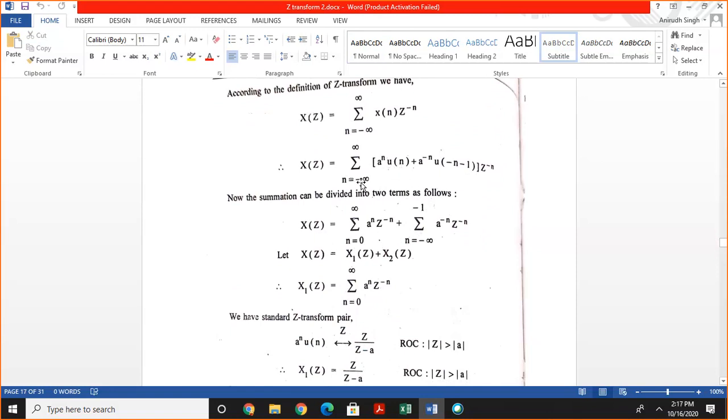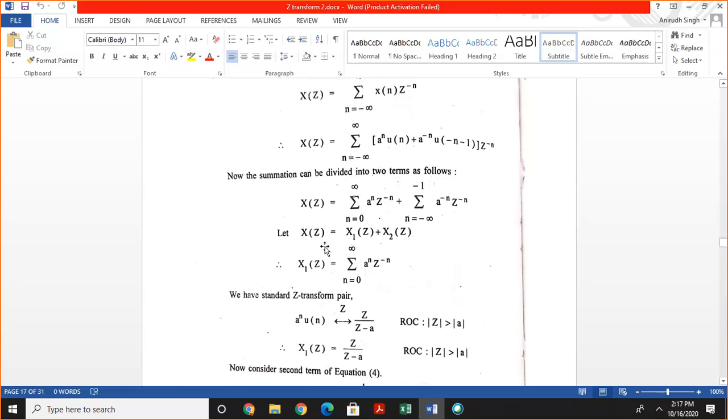The u of n changes the limit from n equal to 0 to infinity, and the presence of this unit step signal changes the limit from minus infinity to minus 1.